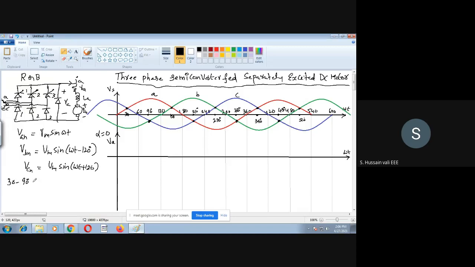Between 30 to 90, what you find out is that VA is greater than VB and VC. Now, which voltage is higher comparatively?